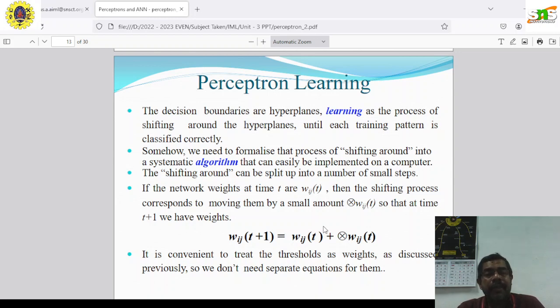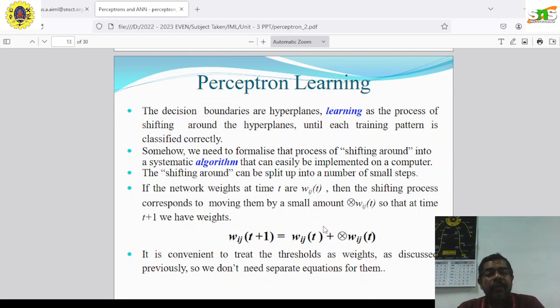To adjust these boundaries, we go with support vectors, or support margins, with +d distance and -d distance. In the same way, in the perceptron we have to make the training patterns be classified in the boundaries correctly. To formalize this process, we go with a systematic algorithm that can be easily implemented. Shifting around means splitting it into a number of small steps.